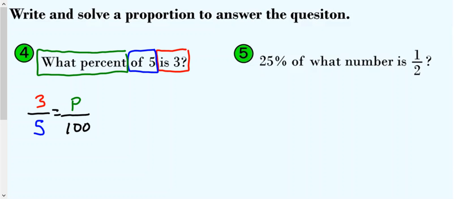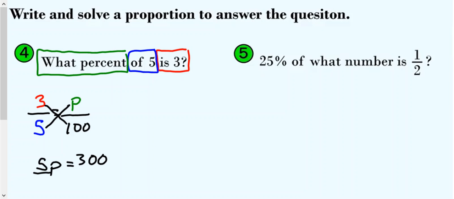All right, for example number 4, I have set up my proportion and I've boxed the information in the question. So we have our is 3, so that's part. Our whole is 5, and we're looking for what percent 3 is of 5. Okay, so now that our proportion is set up, we can cross multiply, and we get 5p equals 300.